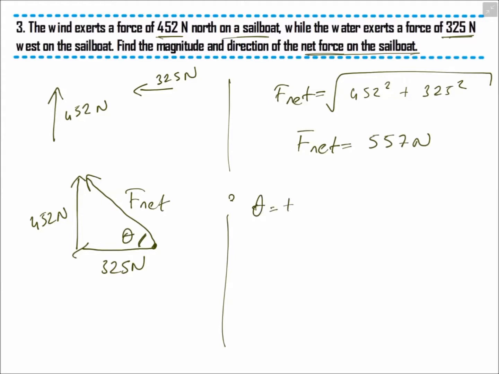Theta equals tangent inverse of opposite 452 over adjacent 325. So it will be 54.3 degrees. But here it is not in the first quadrant, so we have to mention the angle as north of west.